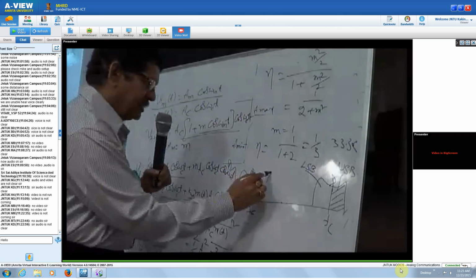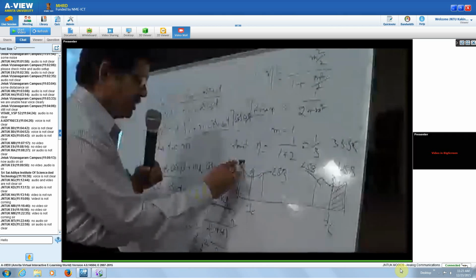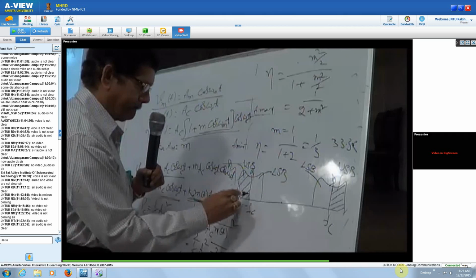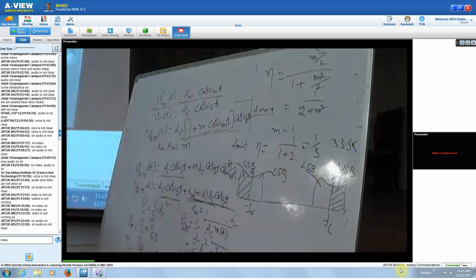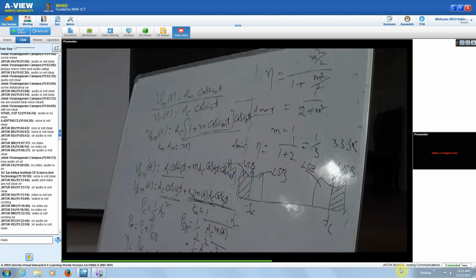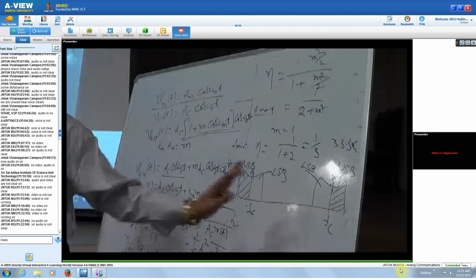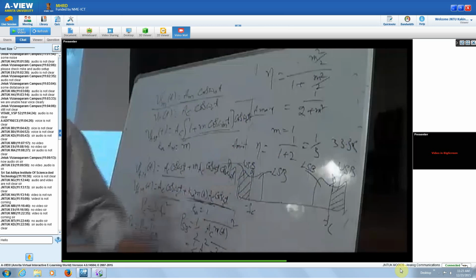Similarly, this is going to be our lower side band, and this will be our upper side band. That means you have the two side bands: one sinusoidal signal cos(omega c minus omega m)t, and another cos(omega c plus omega m)t. So we have two side bands.